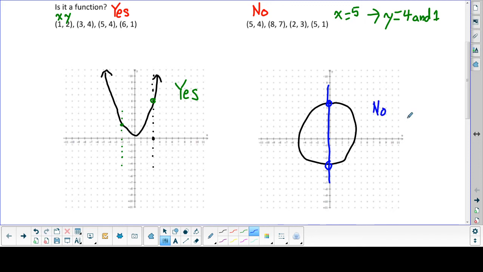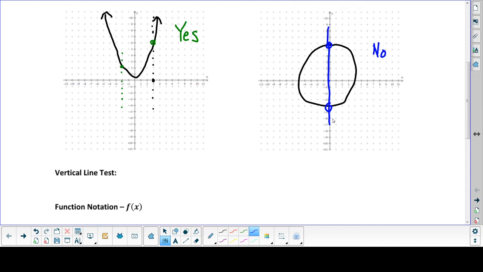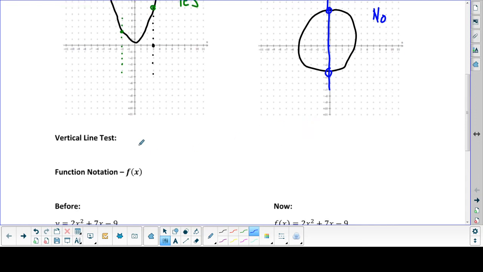Okay. So we can tell, that's how we're going to identify whether or not graphs are functions, is by these vertical lines. And that's what brings us to our next thing, which is the vertical line test. So the vertical line test is this.